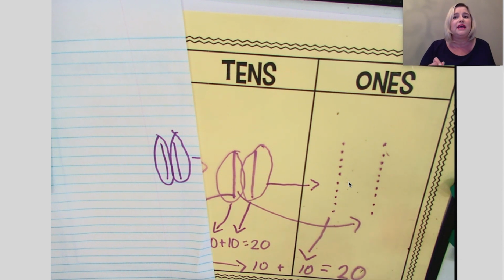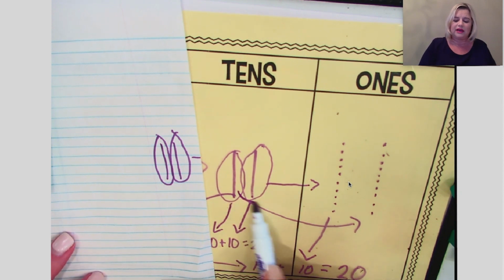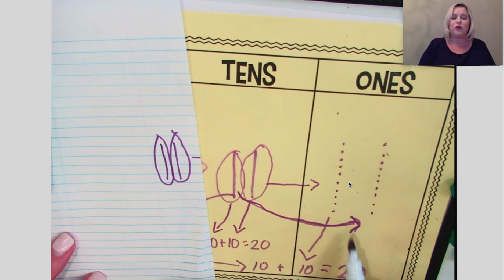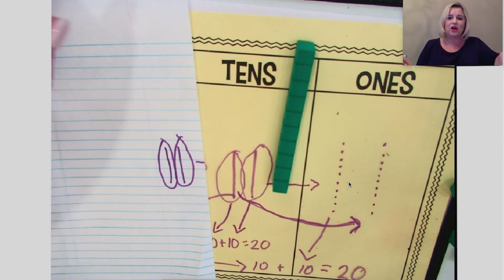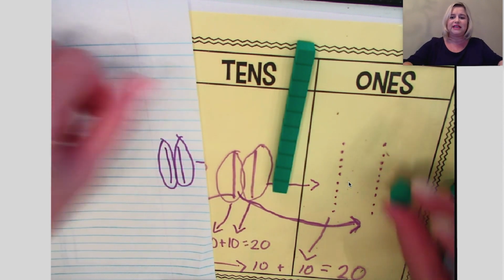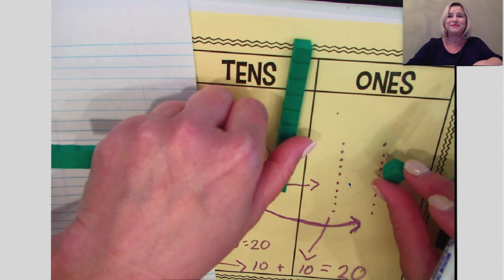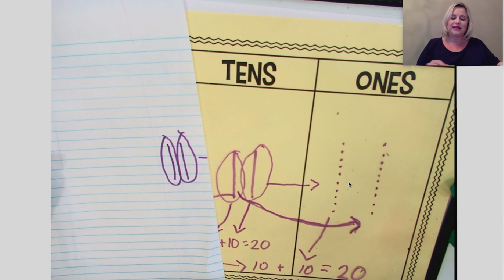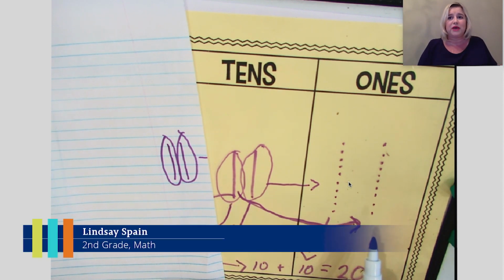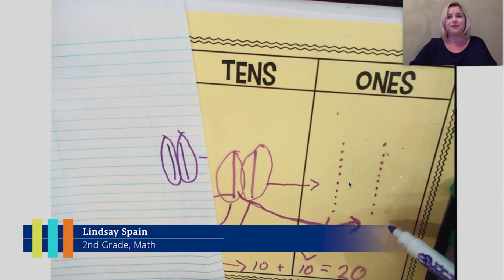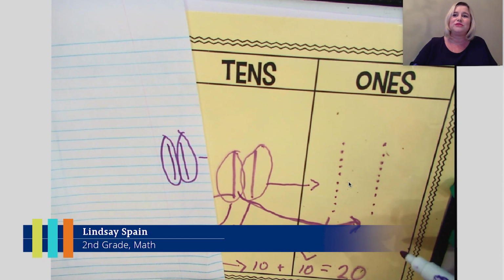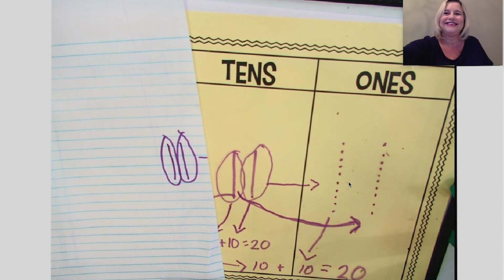So again, I trade in the last rod, this one right here, for 10 ones. I broke it apart because if we break apart a 10 rod, as you know, we will have 10 individual ones. Then I drew the arrow to show that it was moving to the ones place. Then I drew the 10 ones in the ones place. You do the same and hold your model up when you're finished.